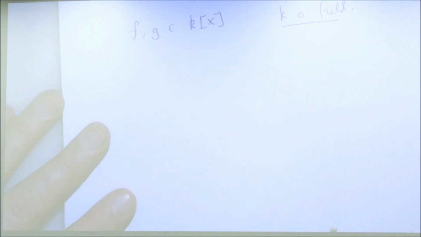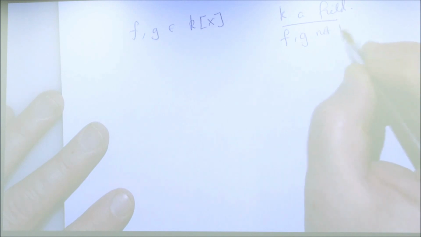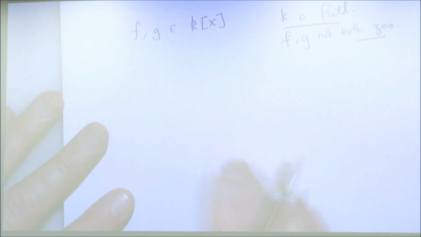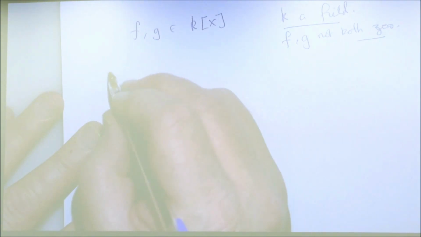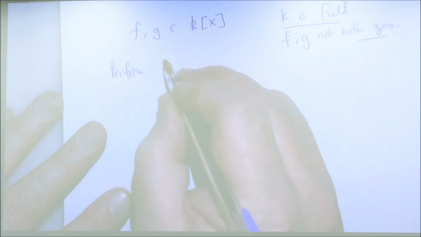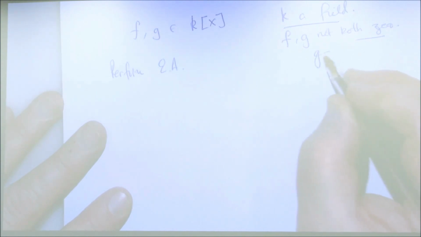I look at two polynomials with coefficients in K, and I assume that F and G are not both 0. And first off, Euclid's algorithm works. So I can perform Euclid's algorithm. So let's assume without loss of generality that G is not 0.